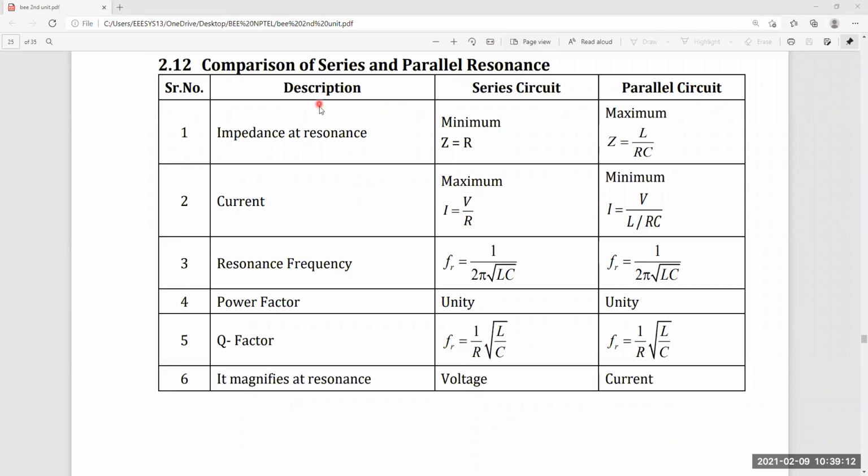I have already explained the series circuit and the parallel circuit. Consider the impedance: for the series circuit it is minimum, Z is equal to R only.